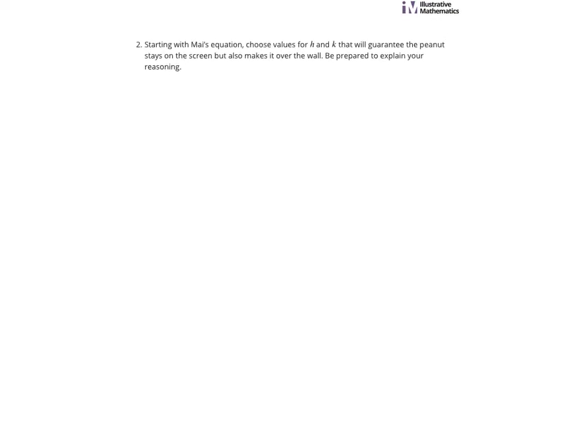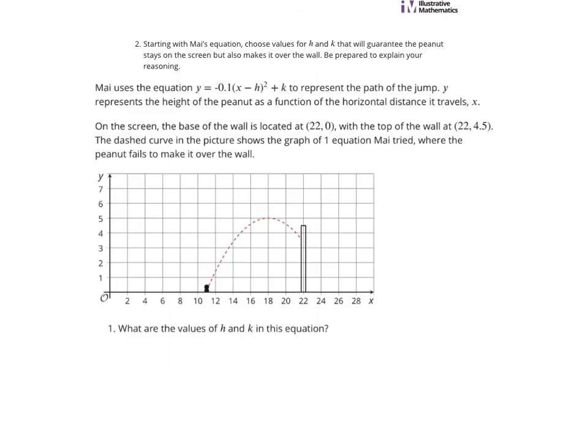Starting with Mai's equation, choose values for h and k that will guarantee the peanut stays on the screen but also makes it over the wall. Be prepared to explain your reasoning. Hold on, I needed the actual picture and the equation. So if my peanut is starting right here, I want to use symmetry and I want this to be my vertex. A vertex at 22, 5.